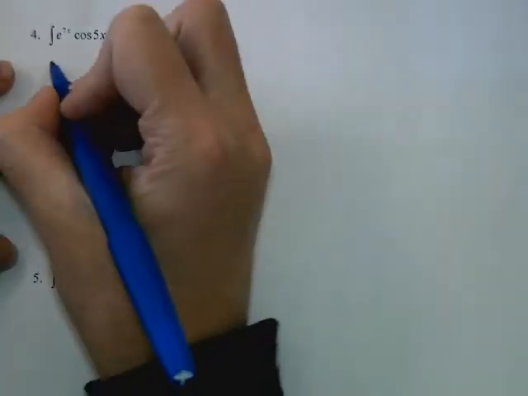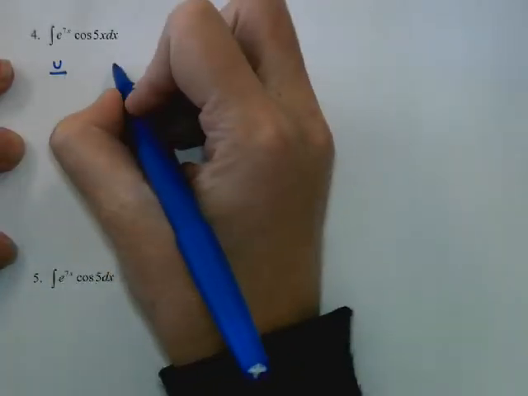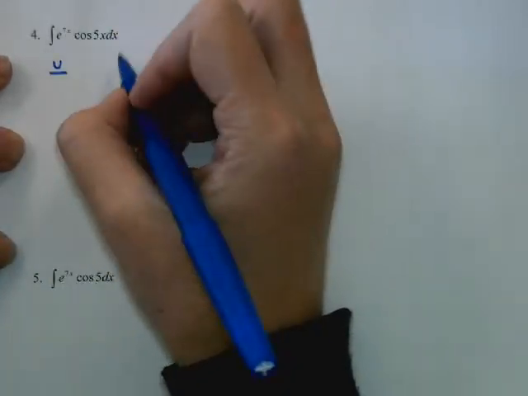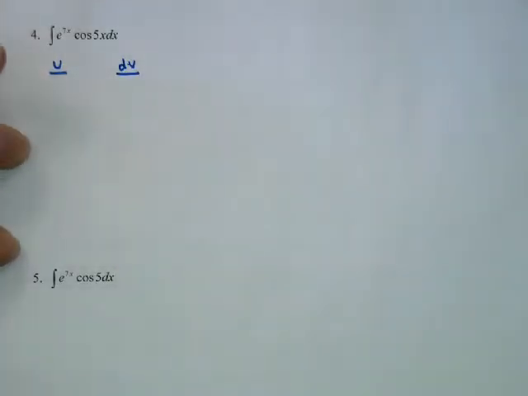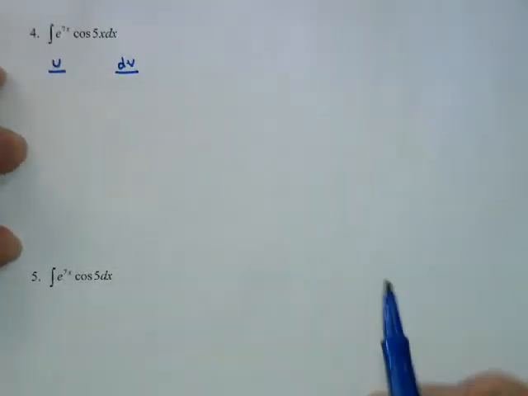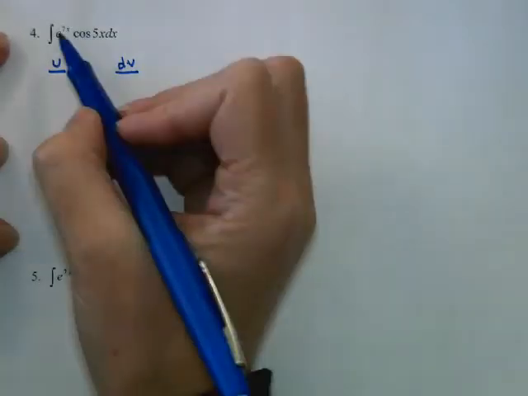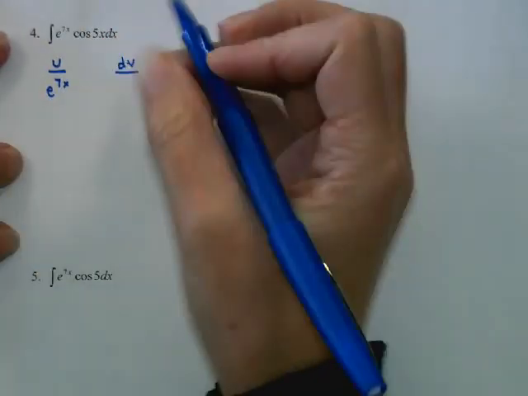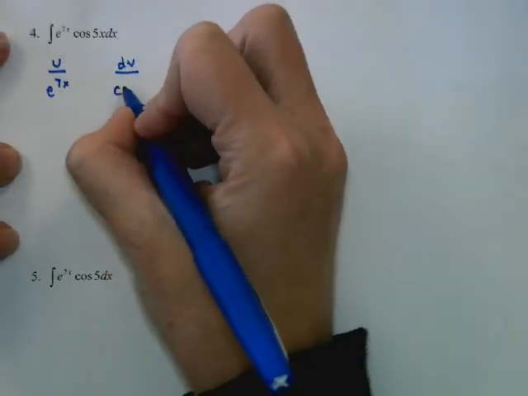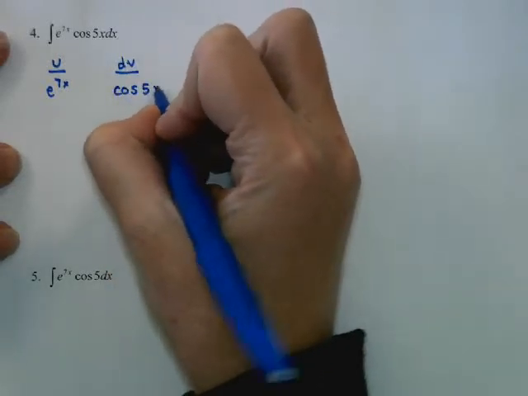This one we're going to take a similar approach, but the constants are going to make this a little bit more involved, but the repeated integration by parts makes this a lot easier. So my u is still going to be e to the 7x. My dv is going to be cosine 5x.